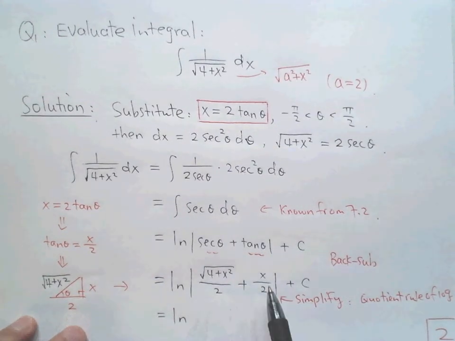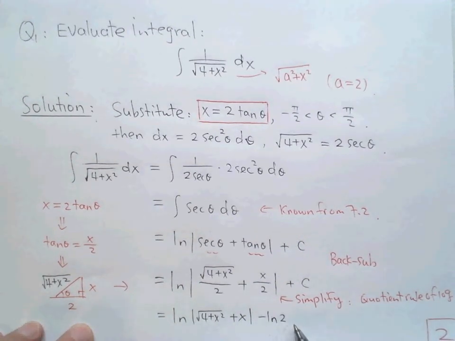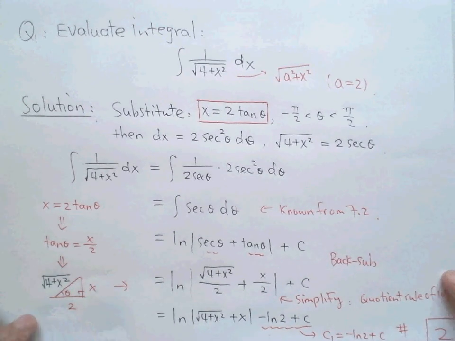And then we have two constant numbers, and we put them together. What do we get? Here it is: ln of the square root of 4 plus x squared plus x, minus ln 2, and then plus c. We say these put together are called c1, which is negative ln 2 plus c, and then you can write one more step.